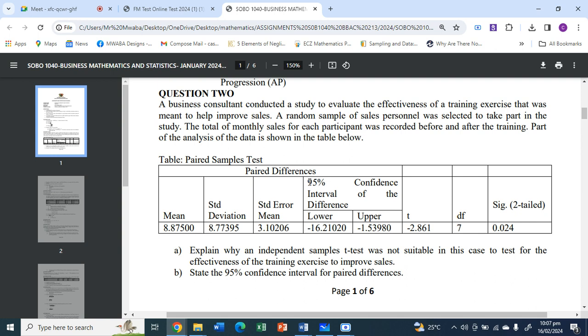So 100 minus 95, that's 5%. That 5% is also called the significance level. So if the p-value is less than the significance level, which is 0.05, then there is evidence against the null hypothesis, meaning the null hypothesis is not true.